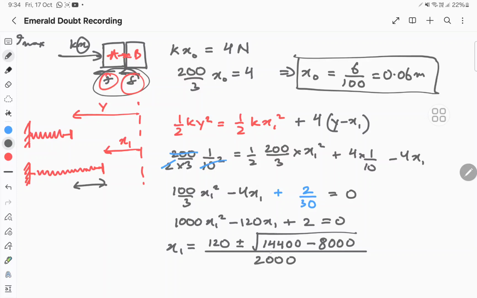So 144 minus 80, that's 64, so under root of 64 is 8, and then 00, so 80. 120 plus or minus, so minus is valid over here.